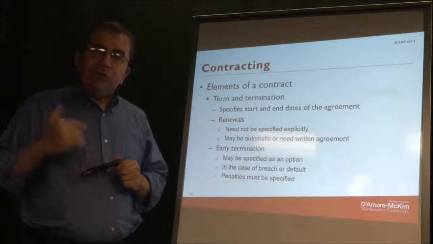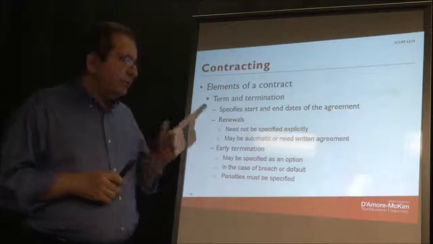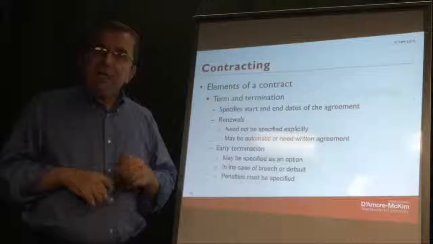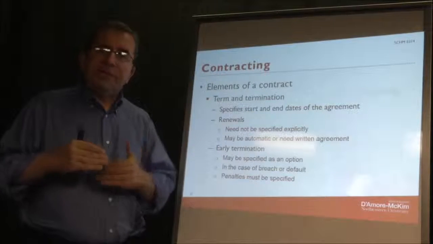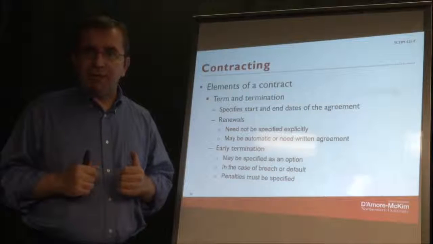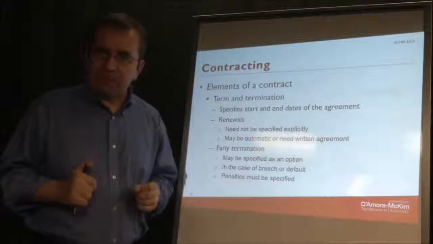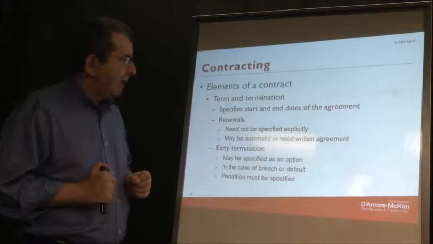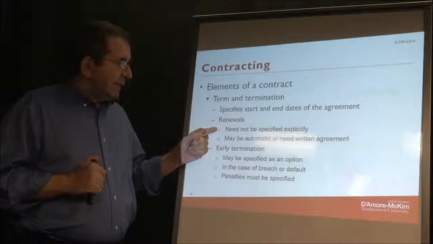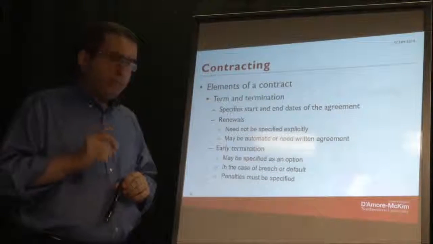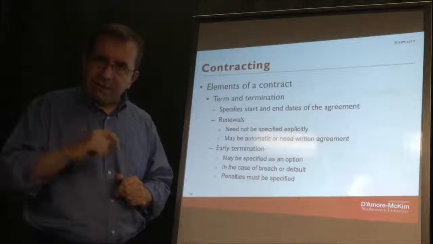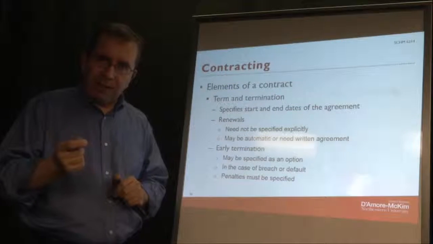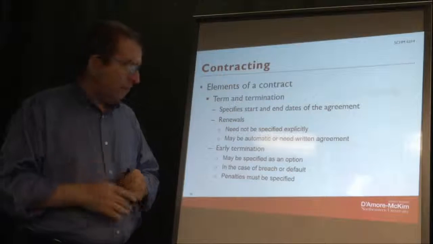And then you need to think about the renewals. Will this be a one time contract, or will this be a renewable contract? These should be specified also. Okay? If you don't specify explicitly whether your contract will be renewed or not, then there's ambiguity.